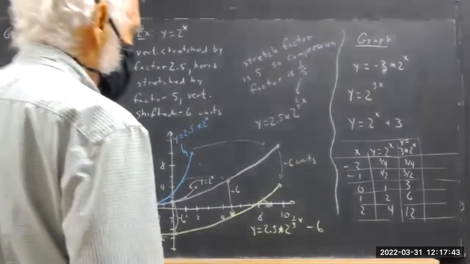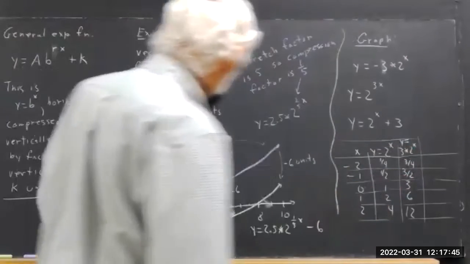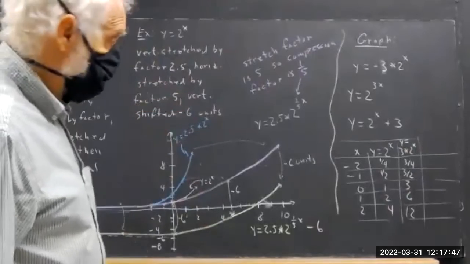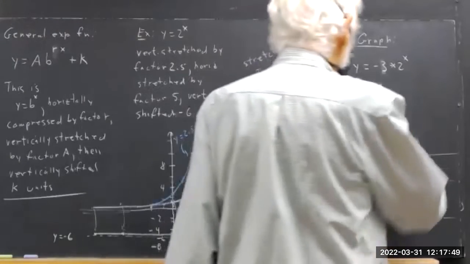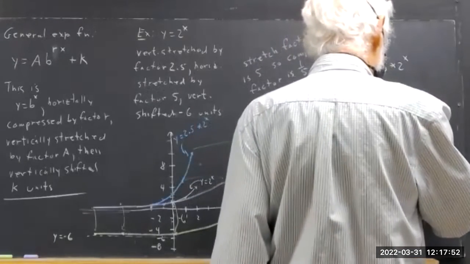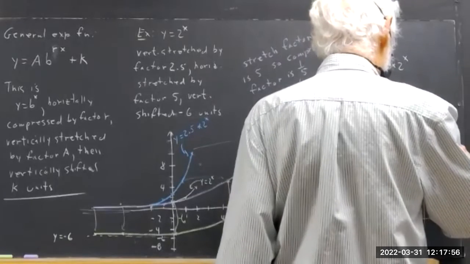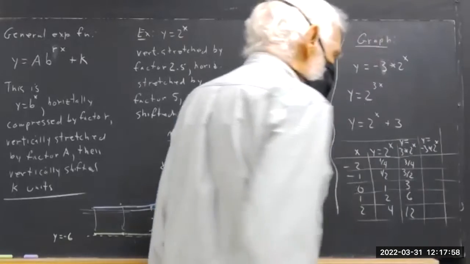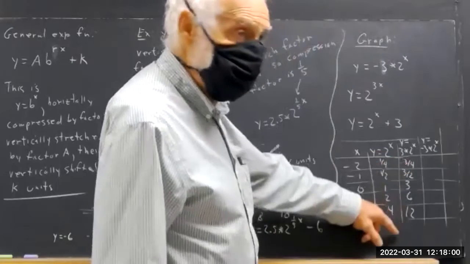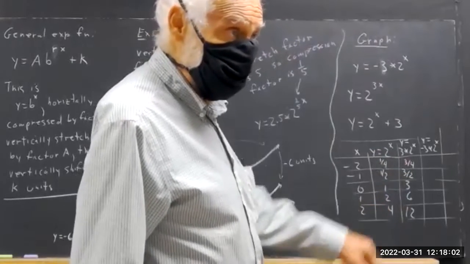Okay, now I was a little sneaky. I did 3 times 2 to the x, so the graph would look like what you're used to. So of course, I said negative 3 times 2 to the x. What's that mean? Well, all the values would just be the negatives of what you have here, right?